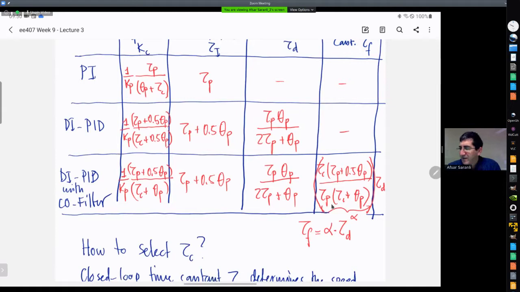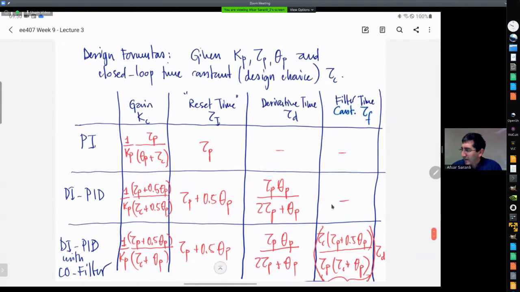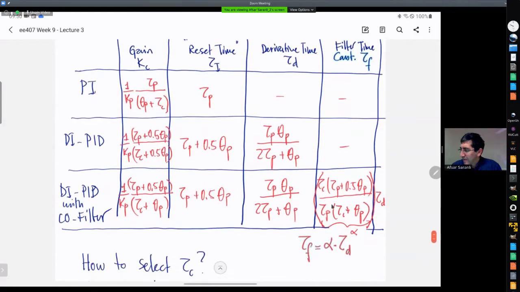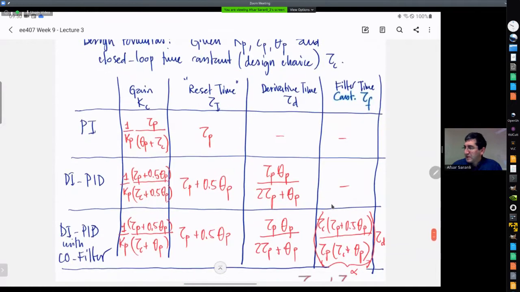In fact, the first two lines, the P and PI formulas, don't require it, but at least the last two rows require a better understanding of the time delay and its approximations that we will spend some time on today.